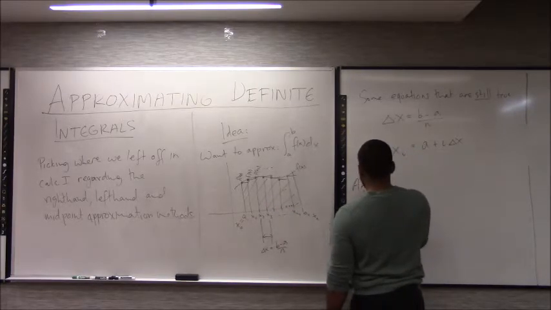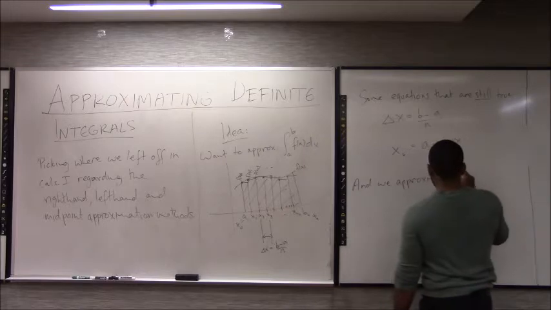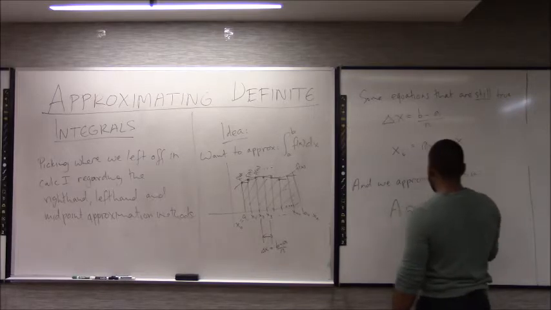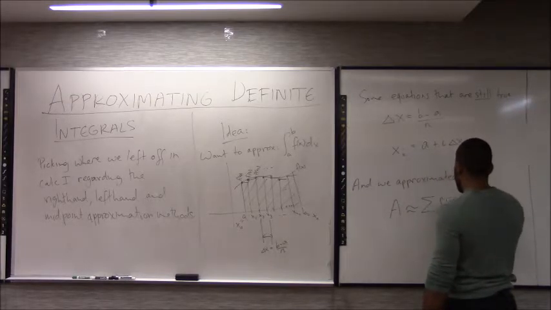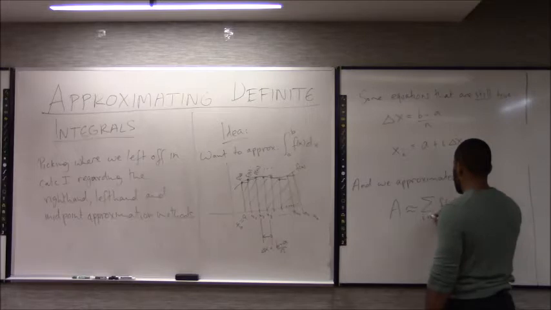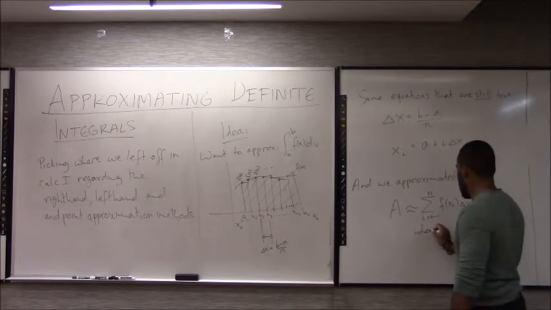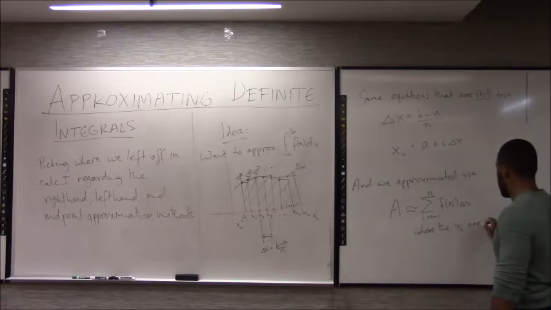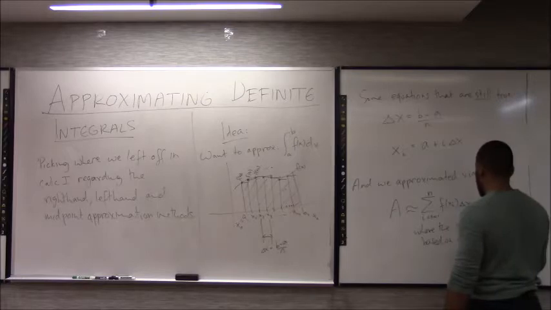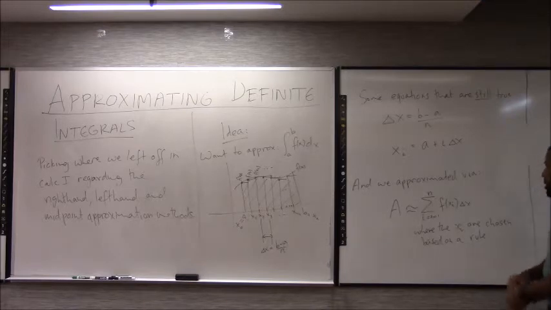Basically, the area was approximately equal to the sum of f of xi times delta x, where i goes from 0 or 1 up to n, where the xi are chosen based on a rule, the midpoint rule, the right-hand rule, or the left-hand rule.